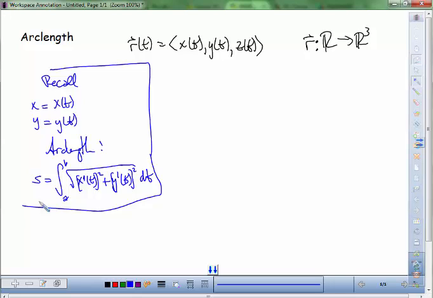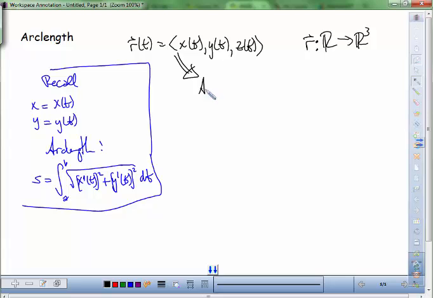So this is our old arc length formula. And if we look at how this is set up, and then if we look at what we're dealing with now in R3, we can imagine what the formula should look like, right? And so let's jump to that idea for this vector function.